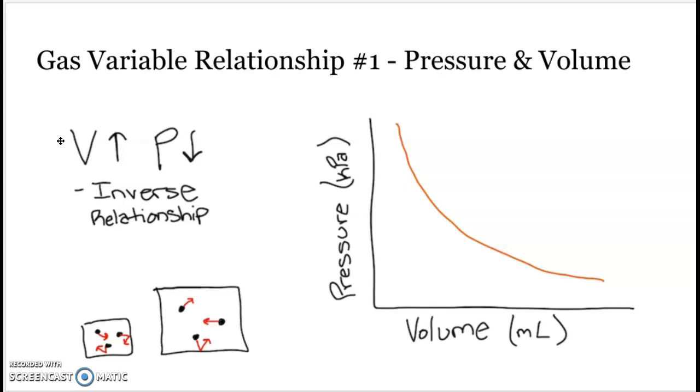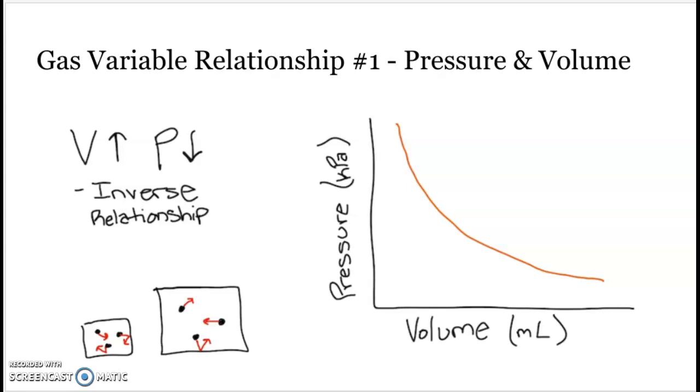Let's stop for a second and think about why pressure and volume is an inverse relationship. Let's think about if we have a tiny box right here, and a big box right here. They have the same amount of gas, or the same number of particles, in each box. And let's say that both boxes are at the same temperature.